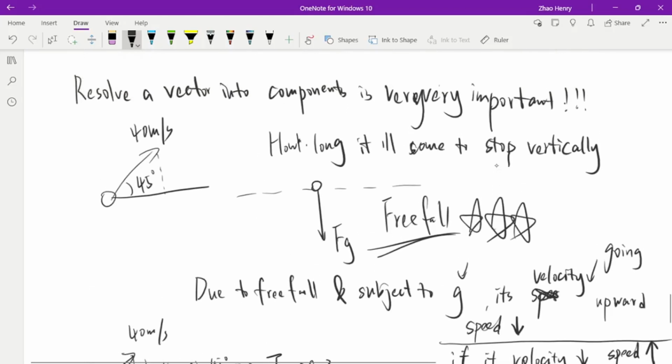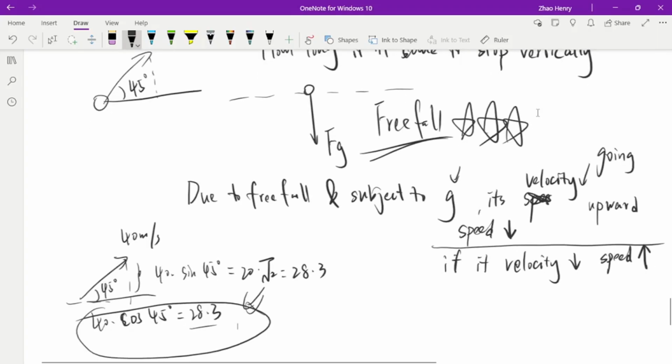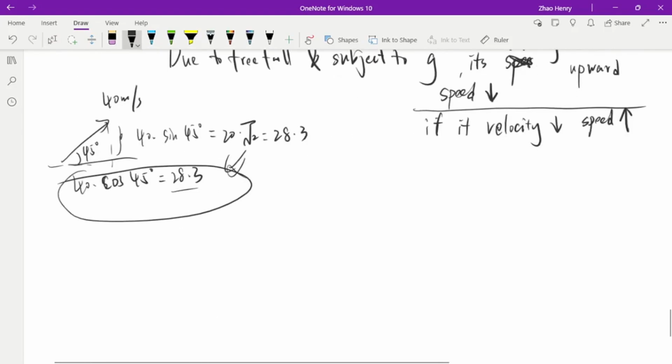Also, another reason we don't need to care about it is that it's asking how long it will take to come to a stop vertically. So basically, this question asks when your vertical velocity is equal to 0.